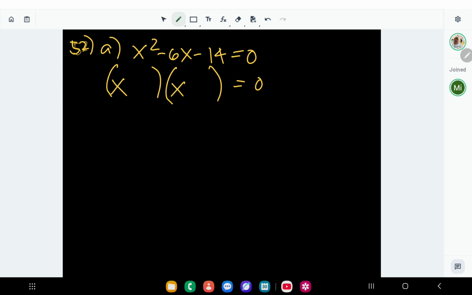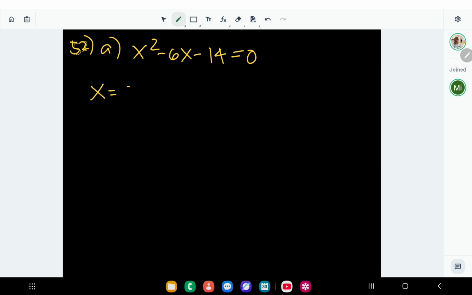So what are the factors of 14? 7 and 2. What else? We cannot factor, right? Yes. So in this case, you use the quadratic formula.